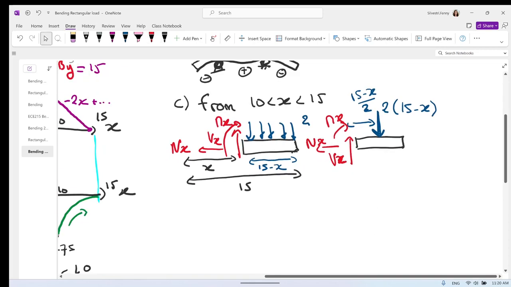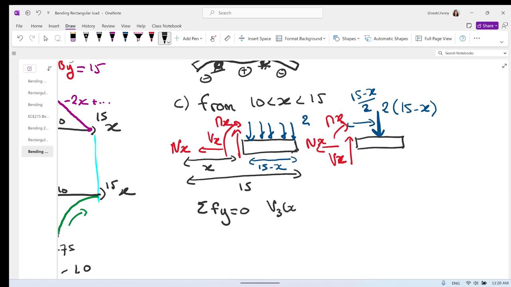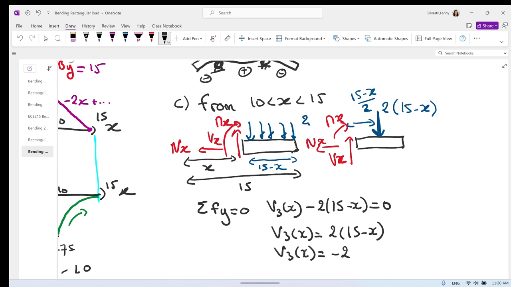So sum of the forces on y equals 0. We get plus V3 of x, it's positive, minus 2 times 15 minus x equals 0. So V3 of x equals 2 times 15 minus x. So V3 of x is minus 2x plus 30.